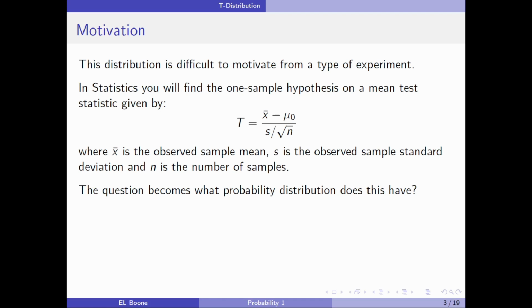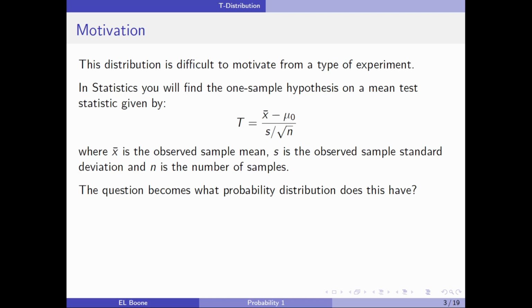All right, so this distribution and the next distribution are really difficult to motivate from a type of experiment where we're looking for Bernoulli trials or waiting times or things like that. Here we're just going to go straight forward and tell you what we're looking at. So in statistics, you're going to find a one sample hypothesis test on a mean statistic given by this formula. You may have run across it already.